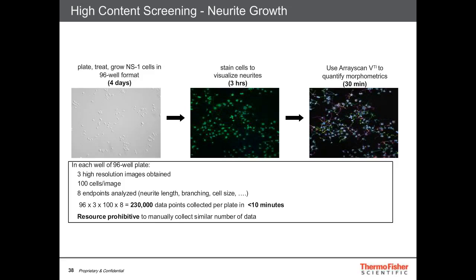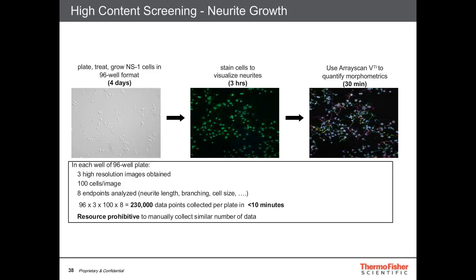And just to give you an idea, to look at an entire 96-well plate with 3 images acquired, and in each of those images we have about 100 cells that are analyzed.